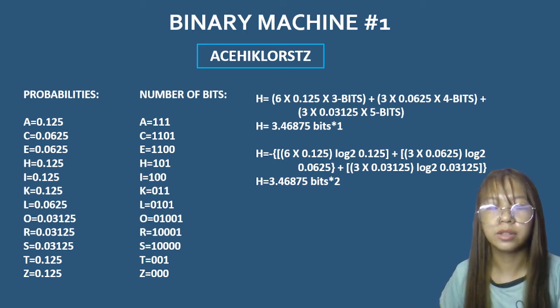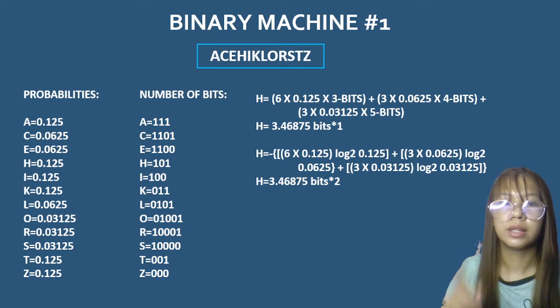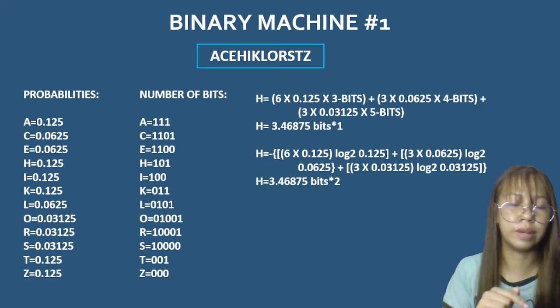So A is equal to 3 bits, 111, then 2 raised to negative 3 bits is equal to 0.125. So that's how we get it.